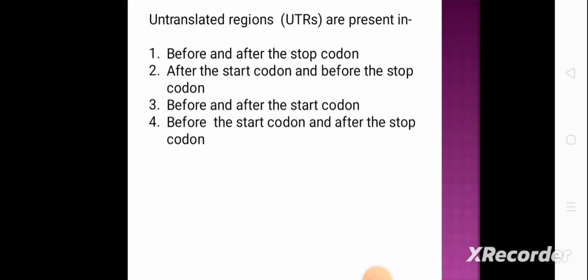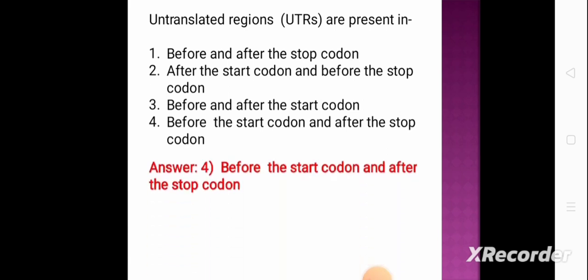Next question. Untranslated regions, that is the UTRs, are present in option 1, before and after the stop codon. Option 2, after the start codon and before the stop codon. Option 3, before and after the start codon. And option 4, before the start codon and after the stop codon.